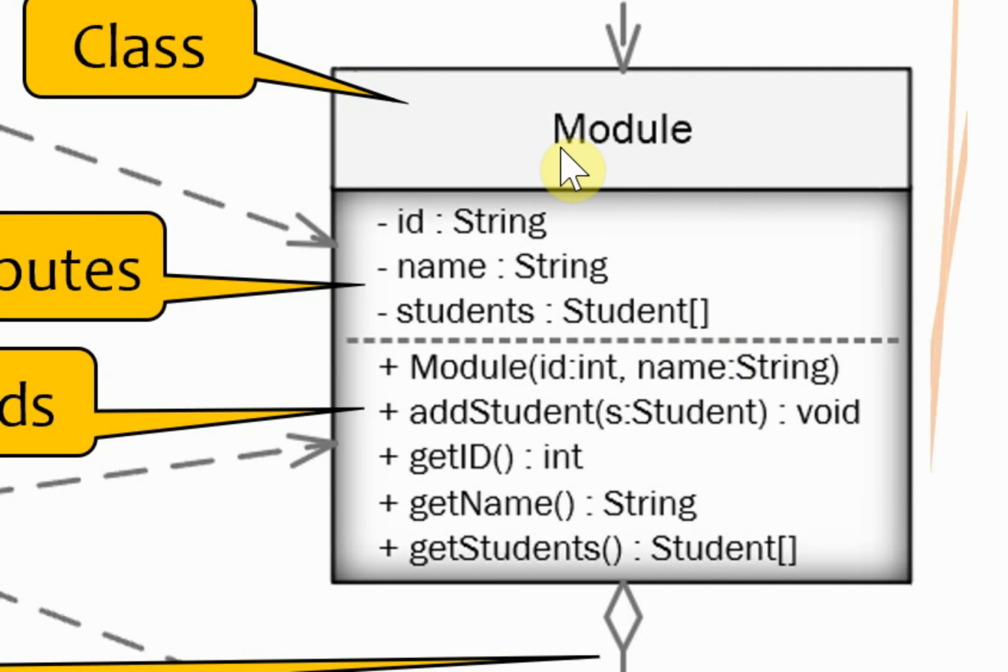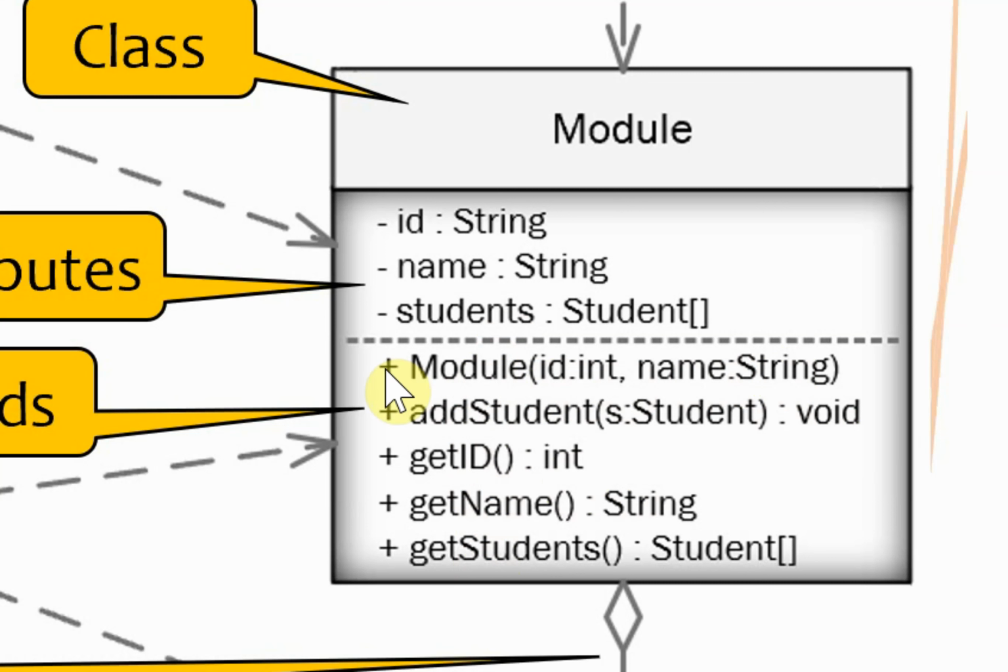I know it's the module class because the first part of the diagram for that class has its name. In the middle section, we've got the list of attributes, including names and data types. And in the lower section, we have the methods with names, parameter lists, and return types.